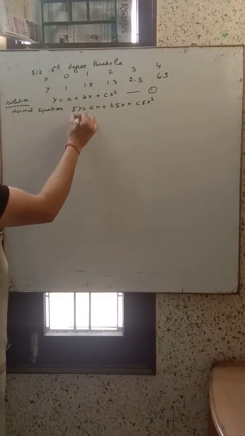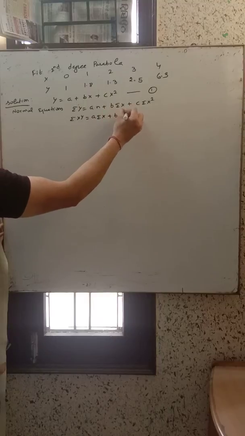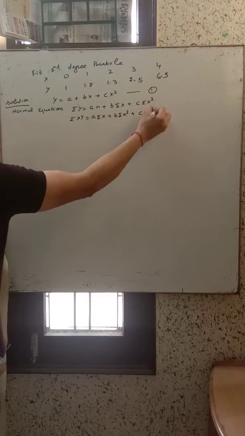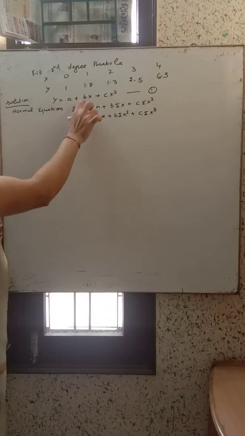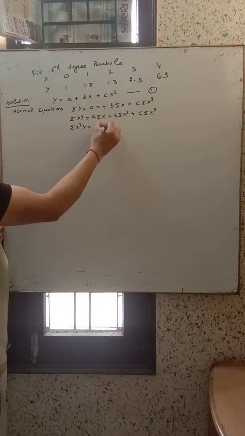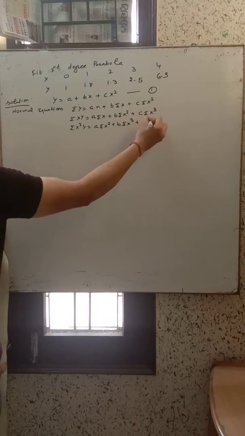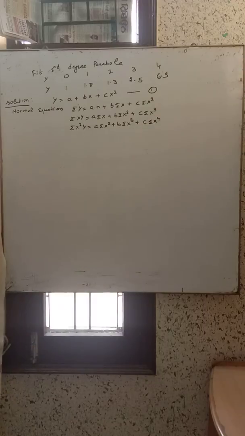Then, multiplying by x, summation xy equals a summation x, b summation x square, c summation x cube. Multiplying by x square, summation x square y equals a summation x square, b summation x cube, c summation x4.